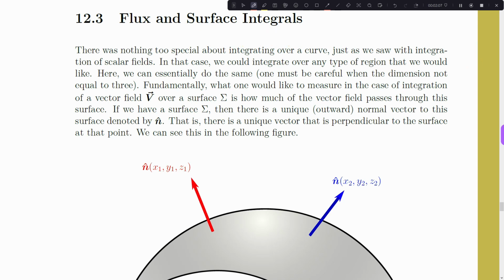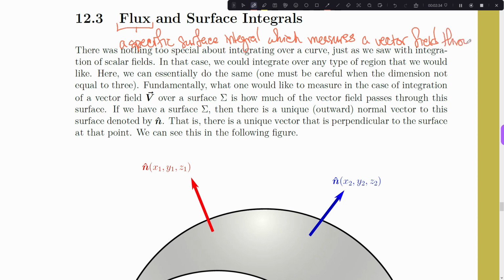And flux is a specific form of this. So flux is a specific surface integral which measures a vector field through the surface. So in some sense, we're asking the question, given some, and I'll make my life easy and just draw a plane.